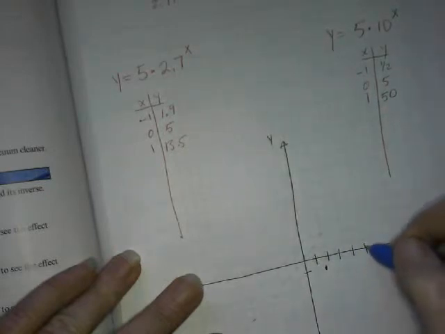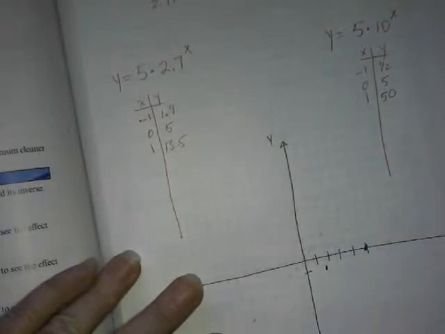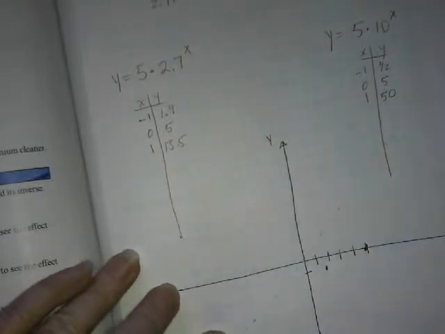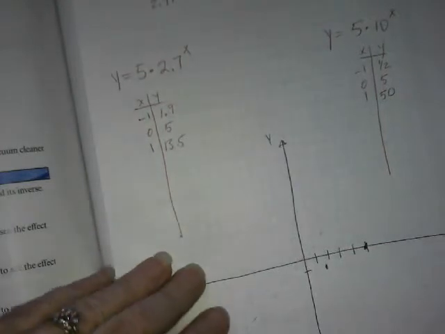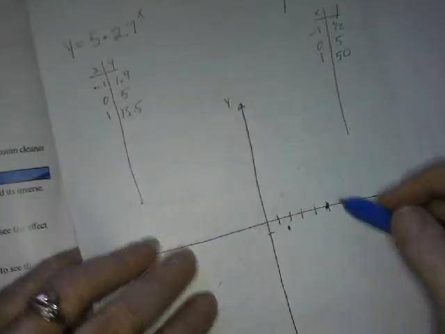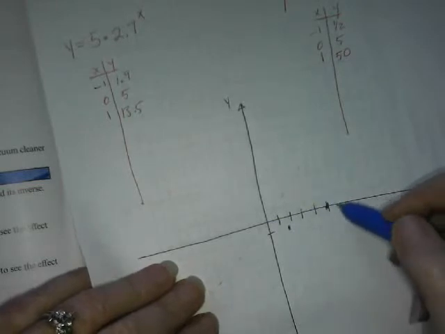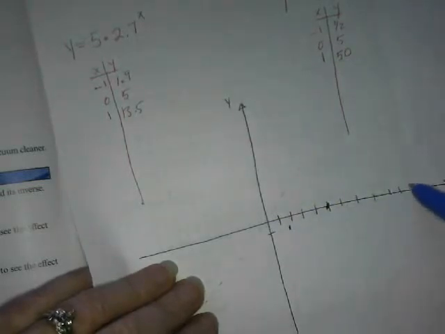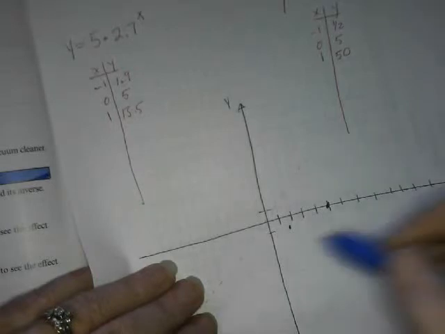That's 5, 0, right? Okay. And then 13.5, 1. Hey, how's this going to work? 1, 2, 3, 4, 5. Well, that sure tells me something.